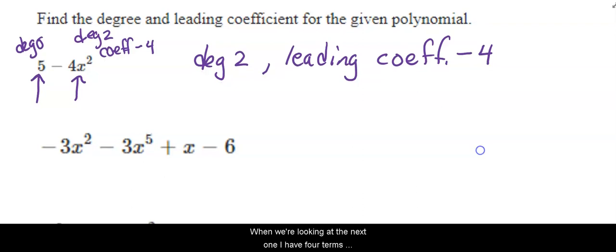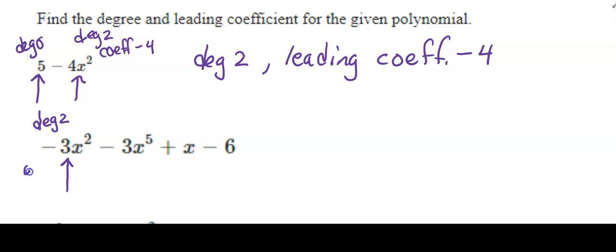When we're looking at the next one, I have 4 terms. Each term has its own coefficient and its own degree. The first one has degree of 2 and coefficient of negative 3. The second term has degree 5, which is bigger, and it has coefficient of negative 3.